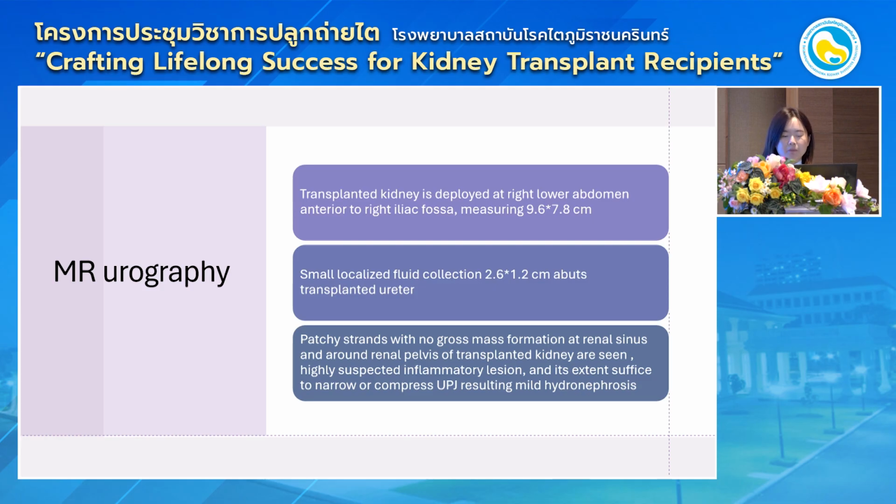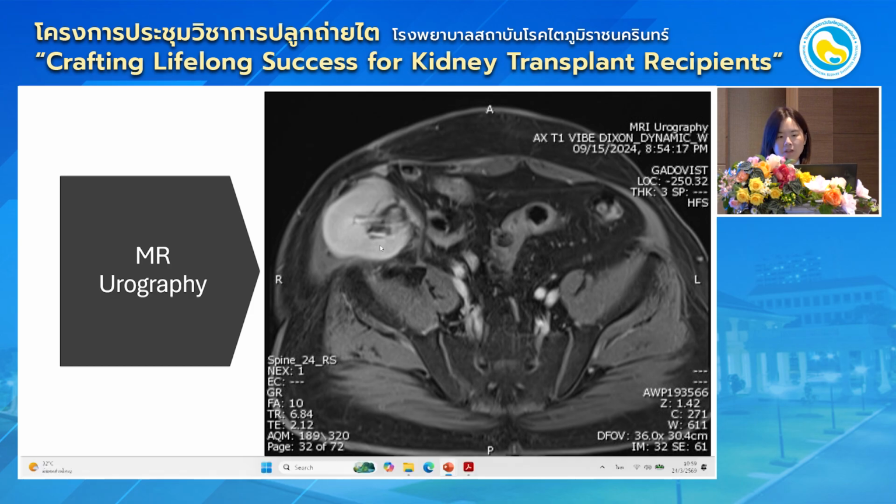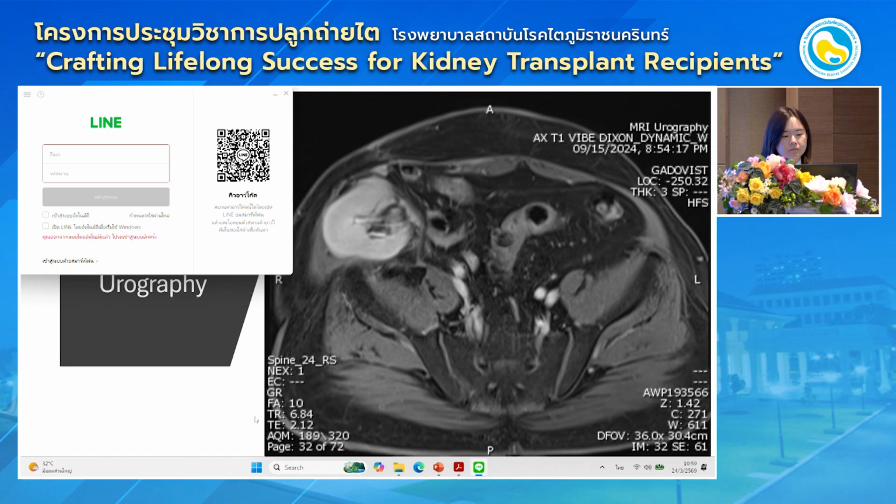There were some patchy strands with no gross mass formation at the renal sinus and around the renal pelvis of the transplant kidney, highly suspicious for an inflammatory lesion. It extends to narrow and compress the UPJ, resulting in mild hydronephrosis. As you can see here, there is a patchy strand that can cause renal pelvis dilatation.